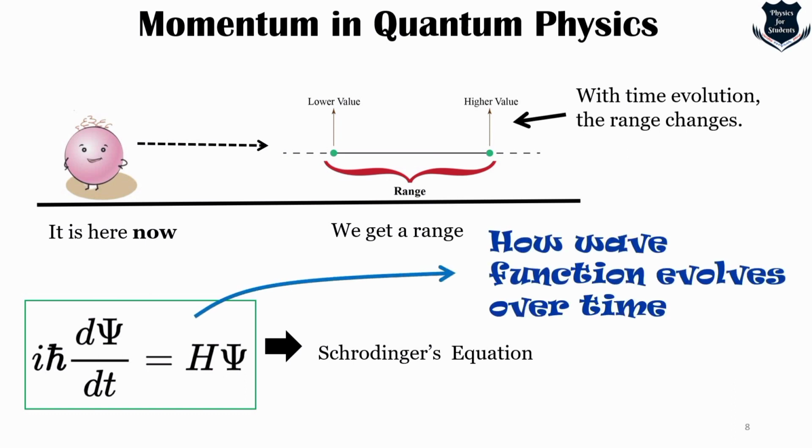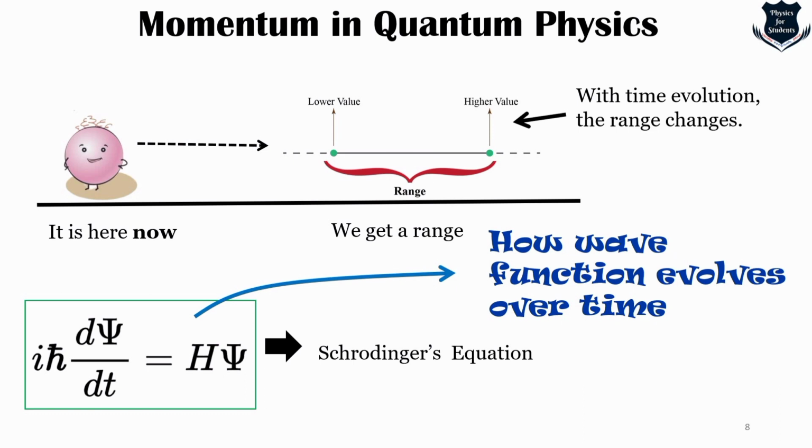That means how the wave function evolves over time. As time passes, the wave function changes, so the predictability factor and the range also change. This is very typical to quantum mechanics, but it is not found in the classical deterministic world.